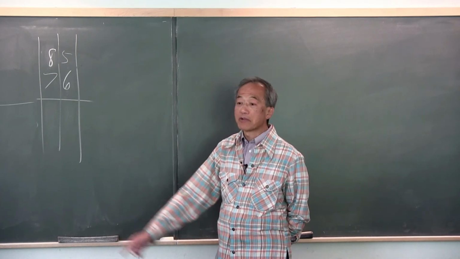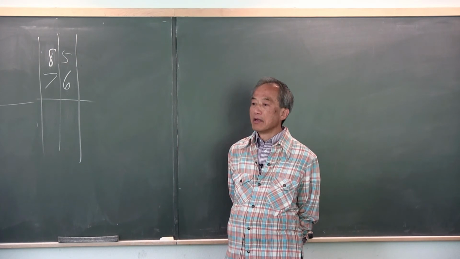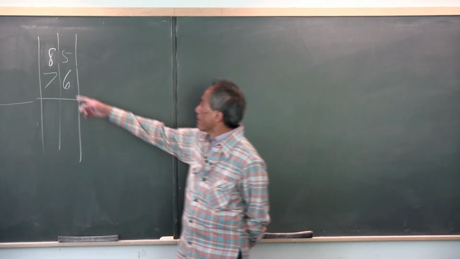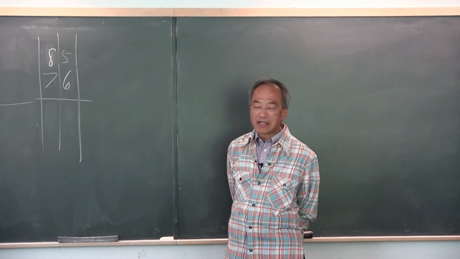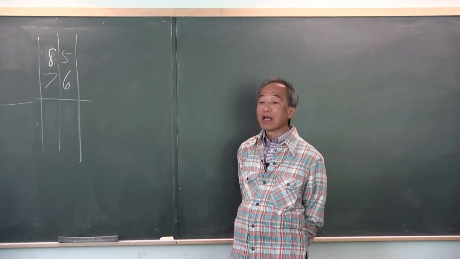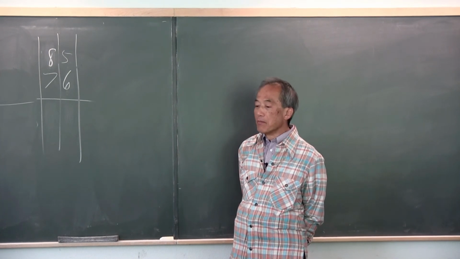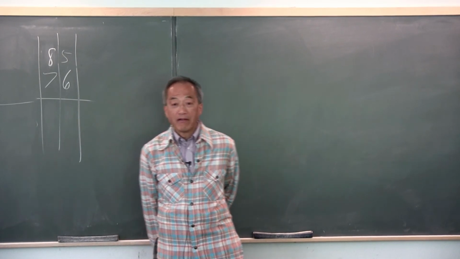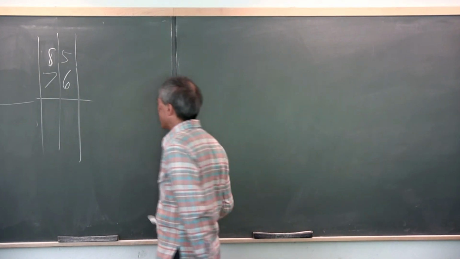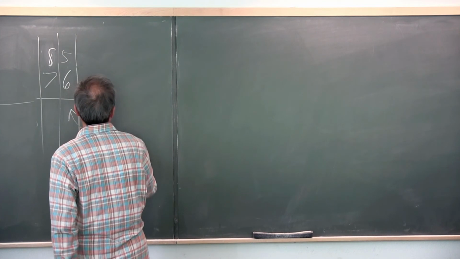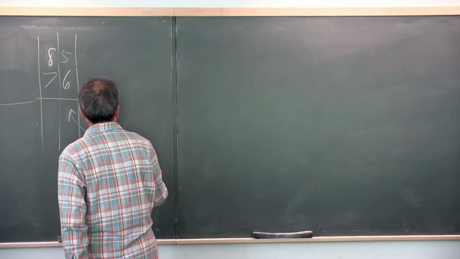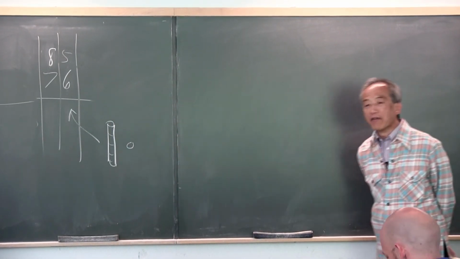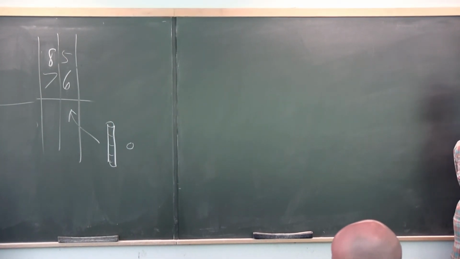Then count the number of stragglers. Right, that's it. Now what do you do? You have 5 and 6 stragglers. They make 11. But you know that the minute you have 10, you can bundle it up. Right? So this is a bundle and a straggler. 11, huh? Right?